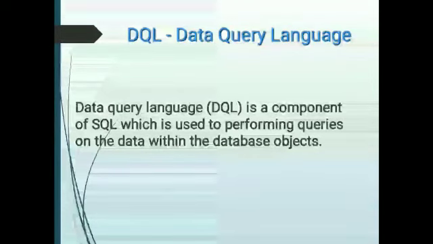DQL, as the name suggests, is used to query or retrieve information from the tables present in a database. So, if we have data stored in a table, we can view it or we can access it with the help of DQL command. The DQL command consists of the SQL select command. So now we know what DQL is used for.